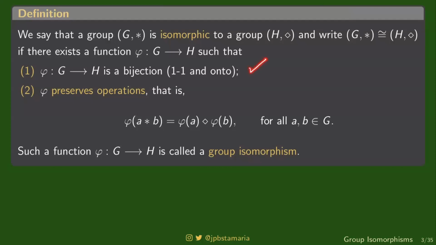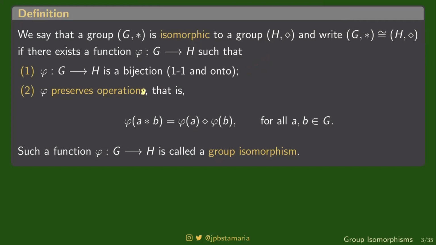So did you understand number one? Again, kapag nakakakita kayo that there is a bijection from one set to the other, this is just our way to say that two sets have the same number of elements in mathematics. Okay? Number two, the function must preserve the binary operation.